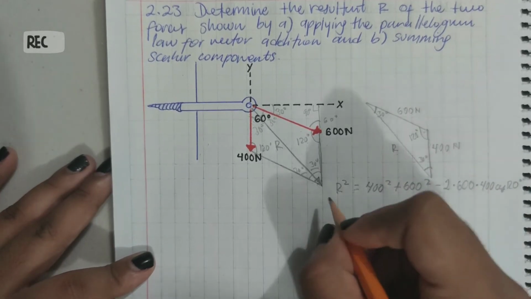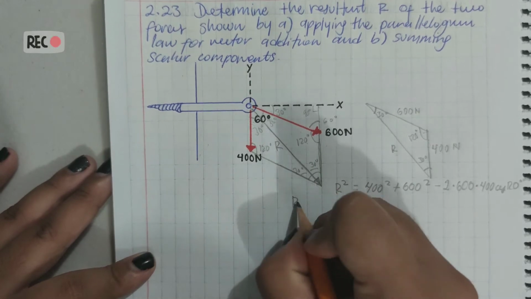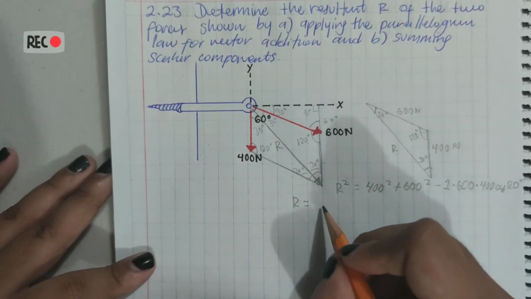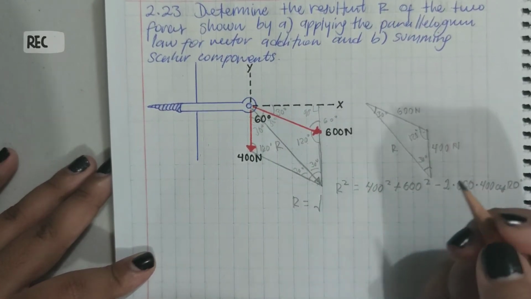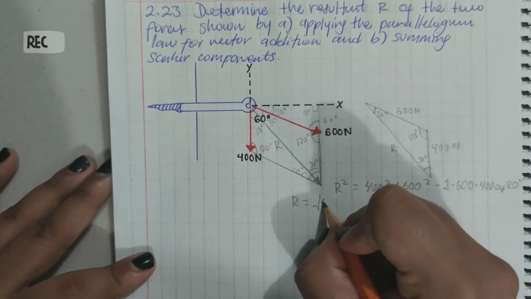So we have that the magnitude of R is equal to the square root of this.